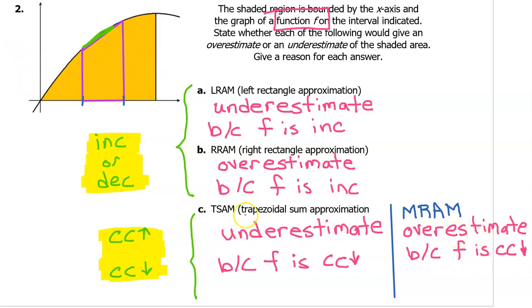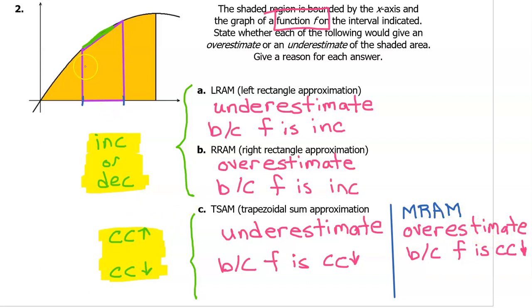So I've been telling you that when it comes to TSAM and Mram, if you want to decide if you have an underestimate or an overestimate, it's all about the concavity of the function. Is it concave up or concave down? So for this example, we had a function that was concave down, and TSAM gave us an underestimate, and I told you to trust me that Mram would give you then an overestimate.